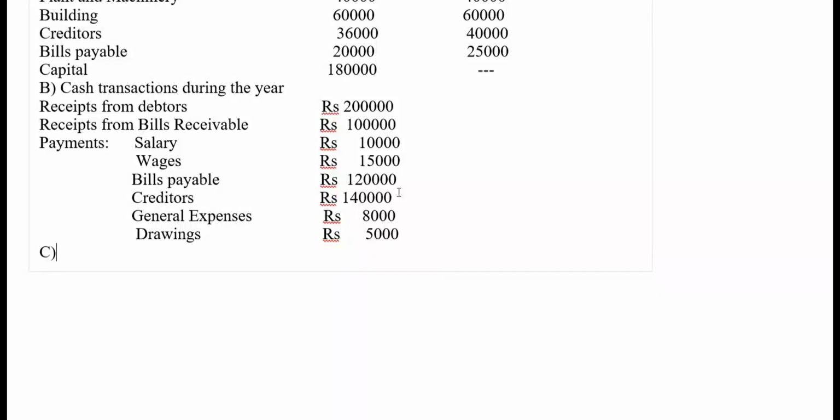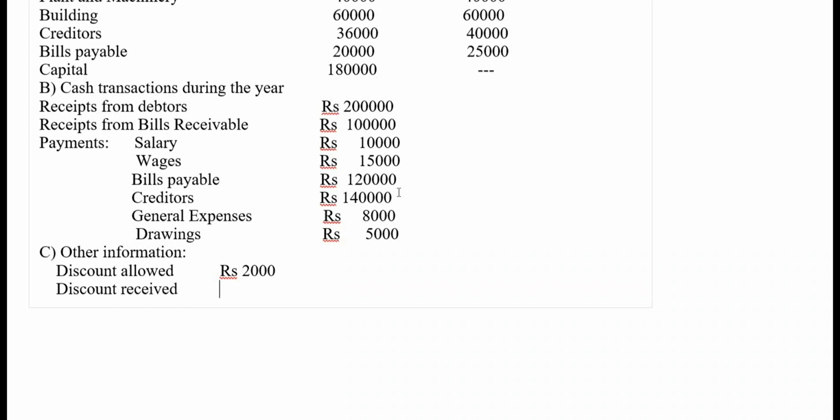Then C, other information: discount allowed rupees 2,000. Discount received rupees 1,000.